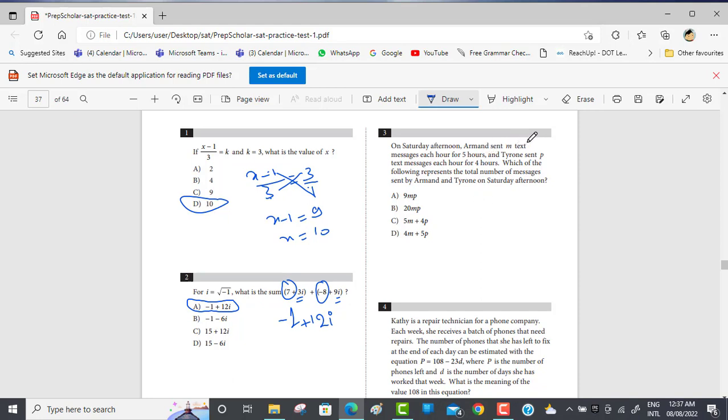So Armin did send m text messages each hour for 5 hours, so he did send 5 times m messages. And Tyron did send p messages each hour for 4 hours, so it is going to be 4p. Because we have here an answer, it's 5m plus 4p, which is answer C.